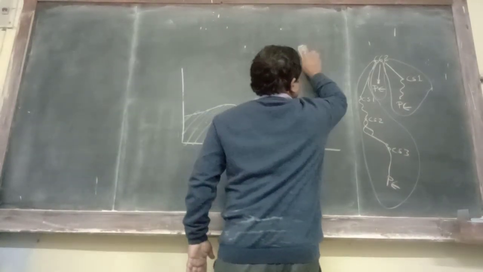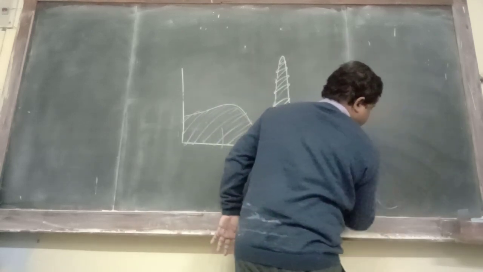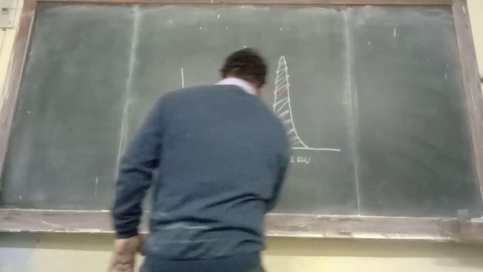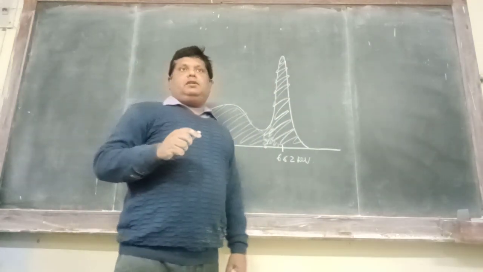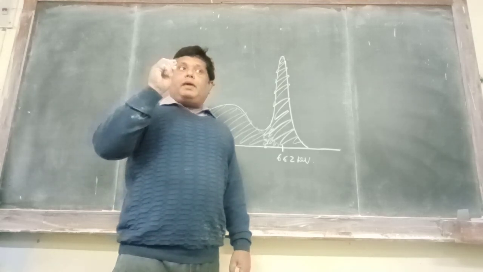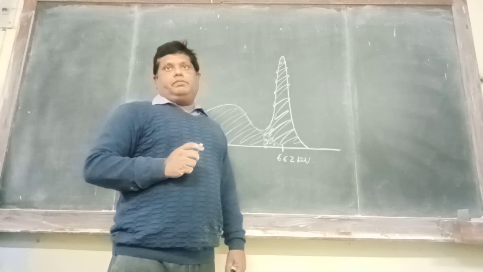Now what I am going to talk about is the following. Suppose I have this 662 keV gamma ray. What is the maximum energy which the gamma ray can deposit in the medium?